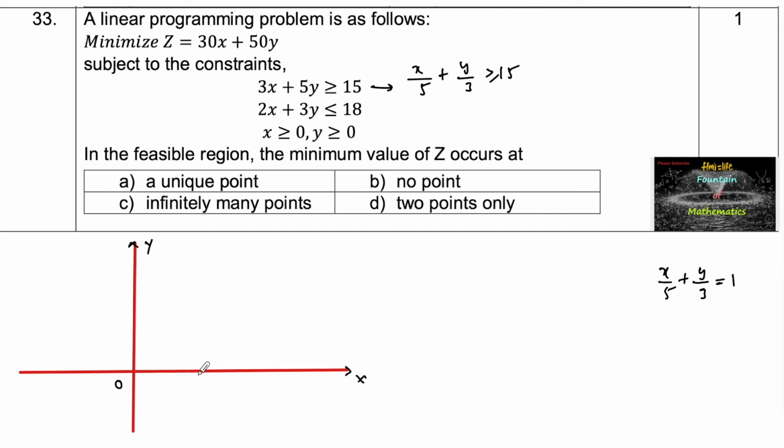So we can take the point 5 comma 0, so this is the point 5 comma 0 and 0 comma 3 on the y axis. So there is a line passing through these 2 points.